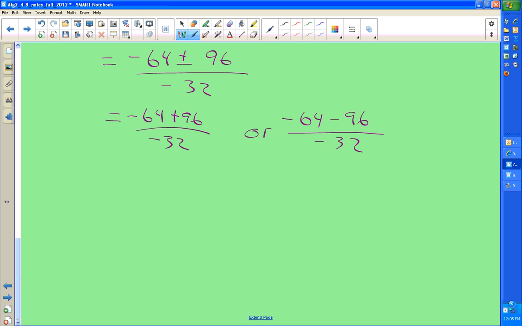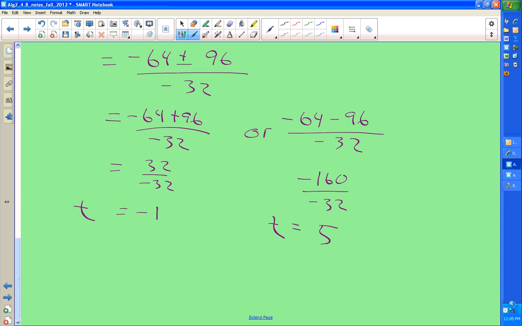Negative 64 plus 96 is going to be a positive 32 over negative 32, which is a negative 1. On the other side, negative 64 minus 96 is going to be a negative 160, divided by negative 32 is going to be 5. Again, this is t equals.